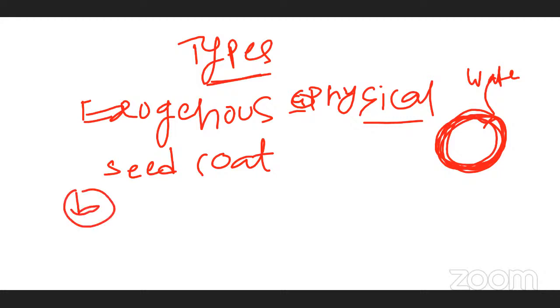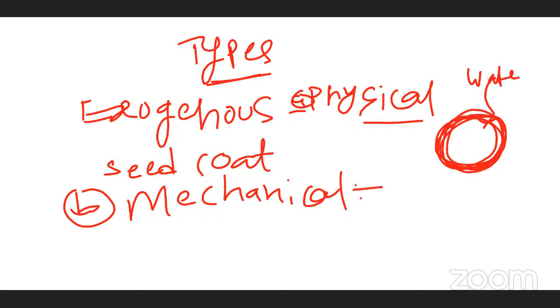If you see mechanical dormancy, seed coats are too hard to allow the embryo to expand during germination. The causes are the structure of the seed coats or remaining fruit parts.